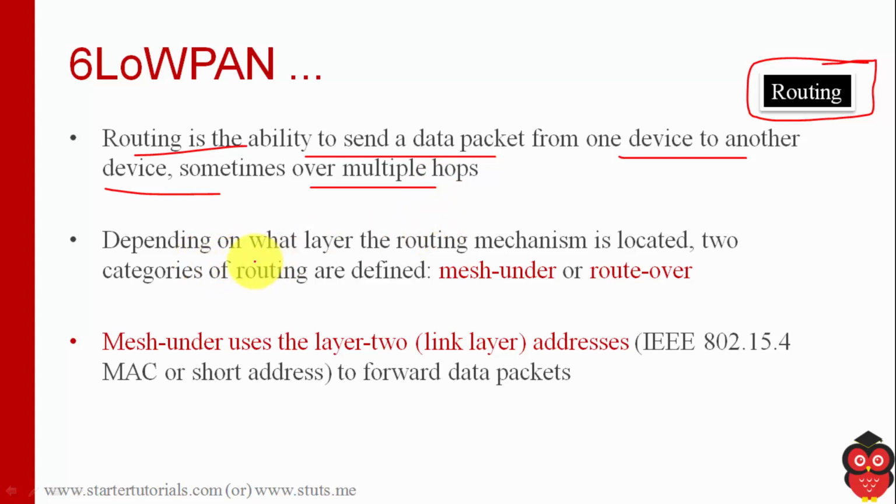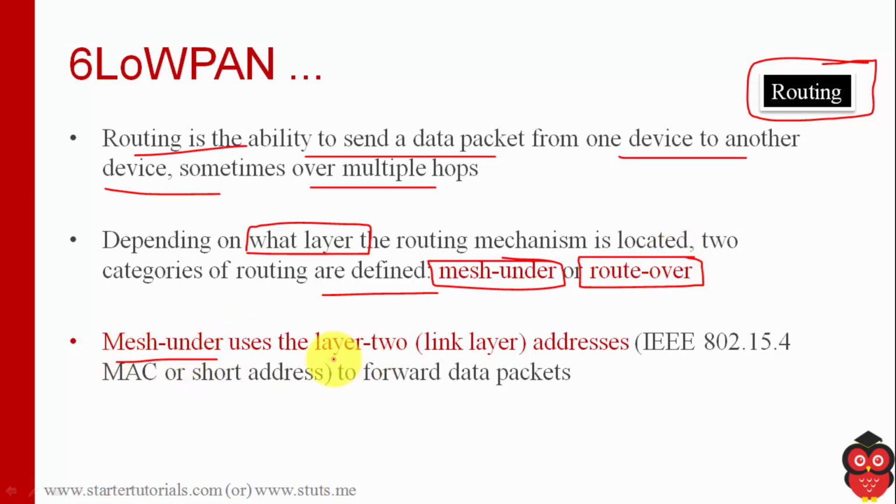Depending on the layer where the routing is taking place, routing is classified into two types. One is mesh under routing, another one is route over routing. Mesh under routing uses link layer addresses. Link layer is layer 2 according to the OSI model.